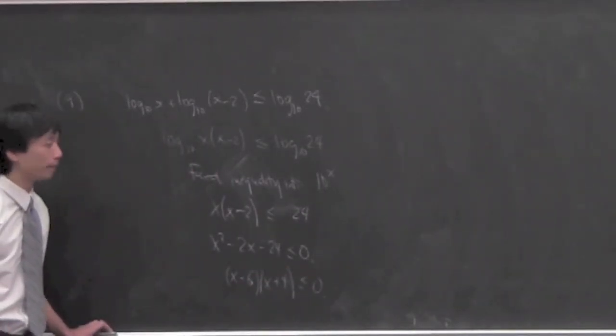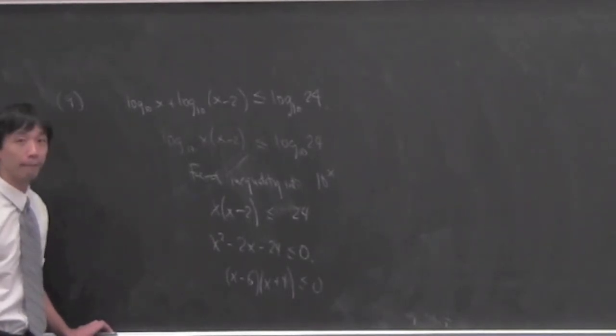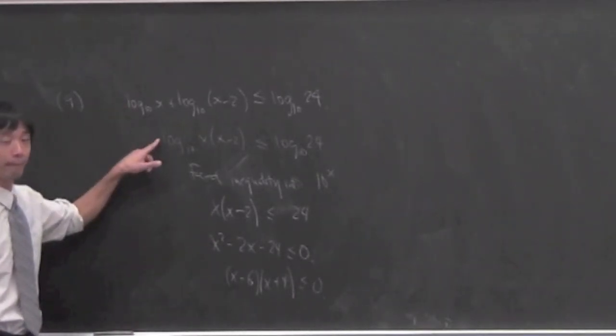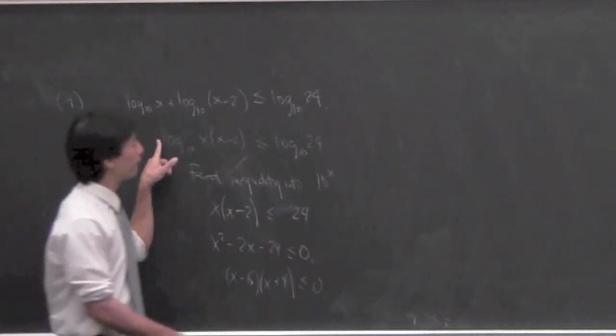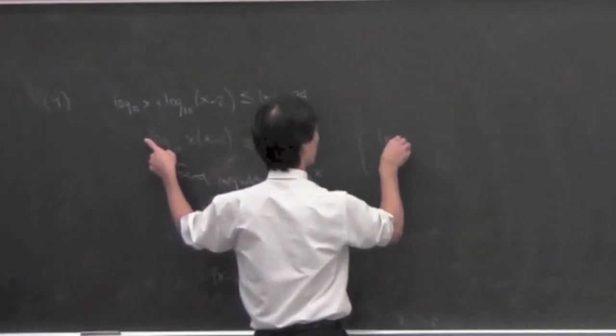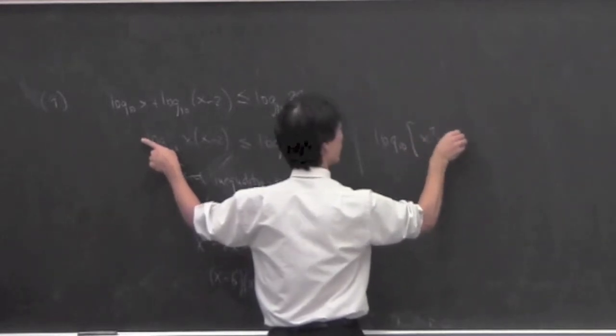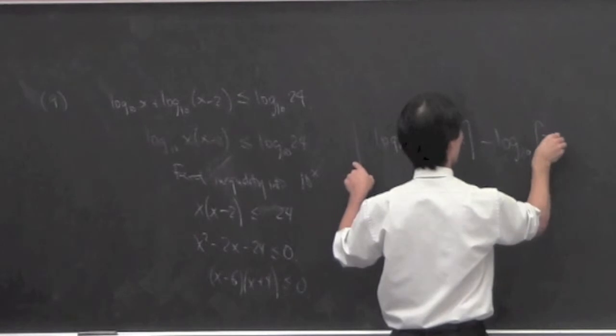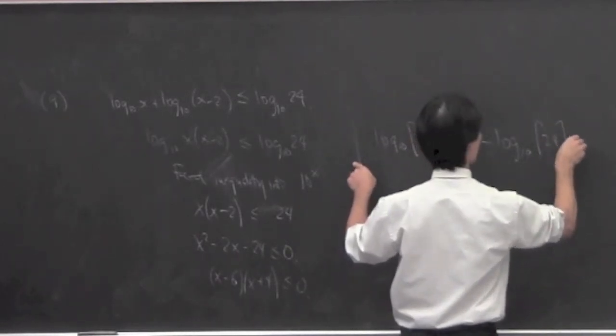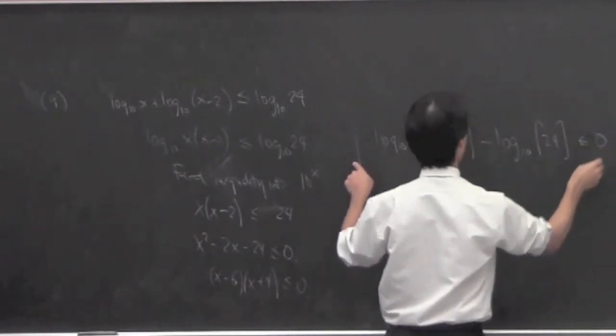Question: coming back to the second step, can you just take log to the other side? So it would be log, and if you were to expand that, log of x squared minus 2x, minus log 24, is less than or equal to 0.